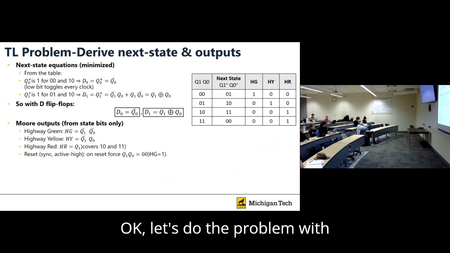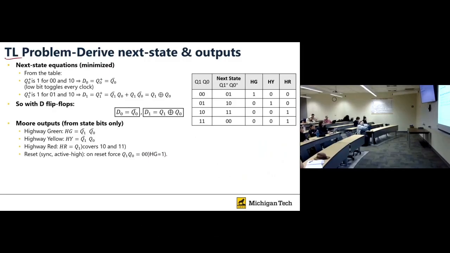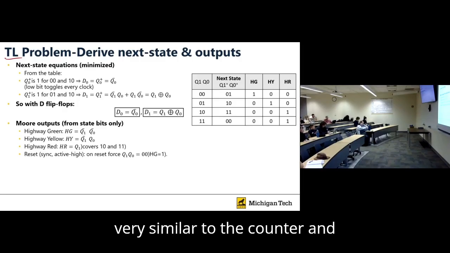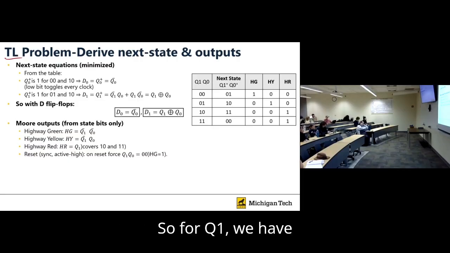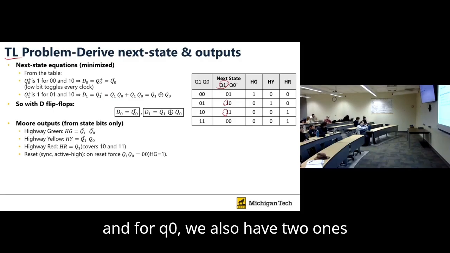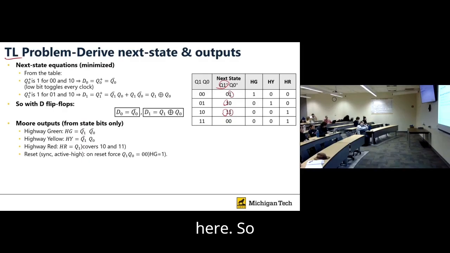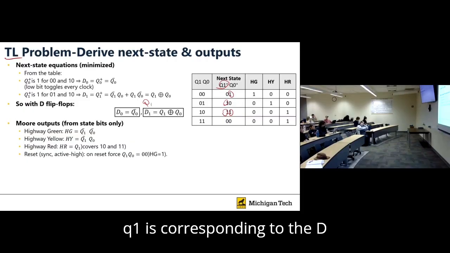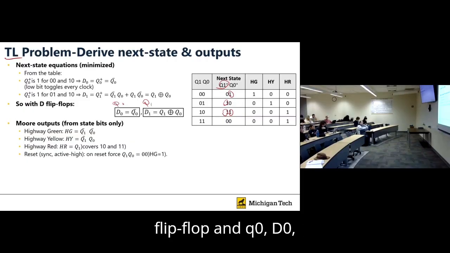Okay, let's do the problem with the traffic light. The traffic light is very similar to the counter, with the same output as the counter. So for Q1, we have 2 ones here, and for Q0, we also have 2 ones here. Q1 corresponds to the D flip-flop D1 and Q0 to D0.